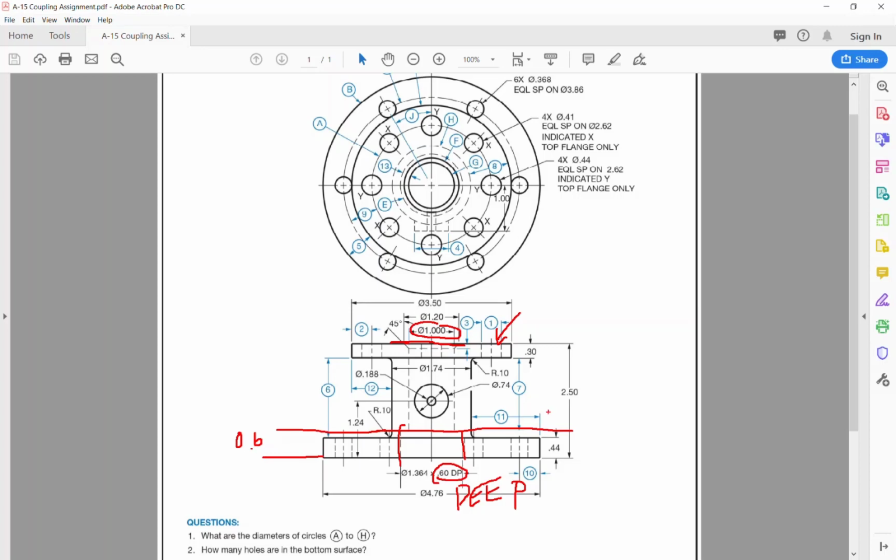So for the depth of the hole, we take this 2.5 overall dimension and subtract 0.6 from it. The answer is going to be 1.9, from here, it's getting a little messy, to here. 1.90 to be exact.